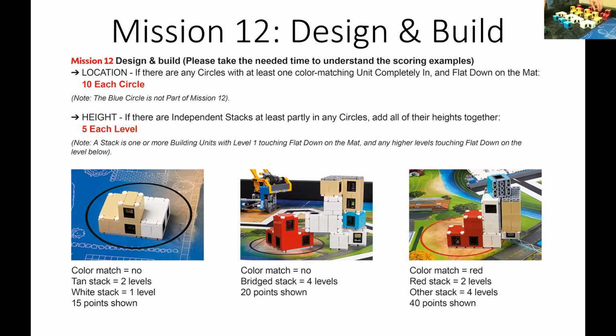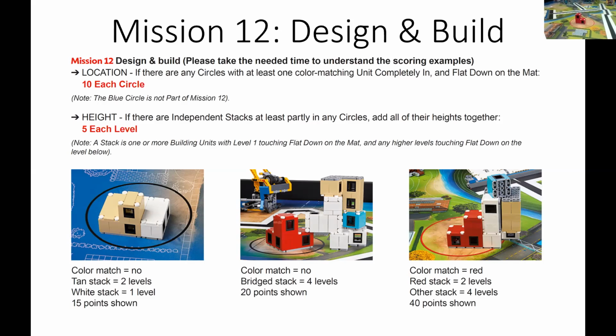So what that means is if you look out here, these are black circles. You can't color match to those because you only have red, tan, white, and blue. But this, assuming, can we see that? That's a red circle. So if this is completely in and it's flat down on the mat, this has to be the bottom of my stack. Because it's red, and this circle is red, I get 10 points.